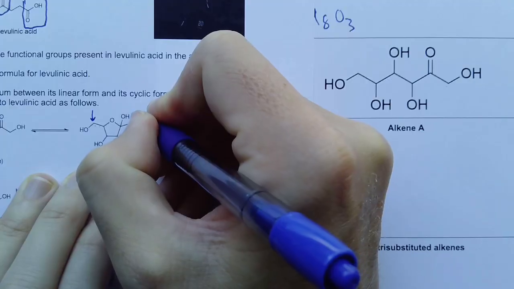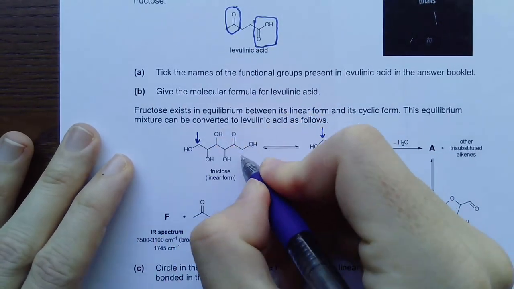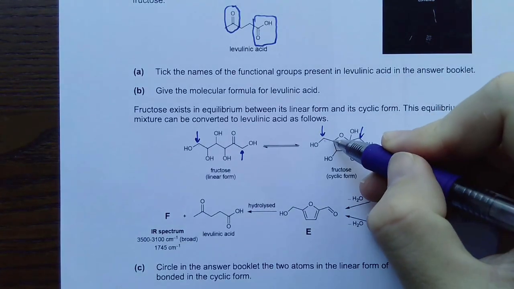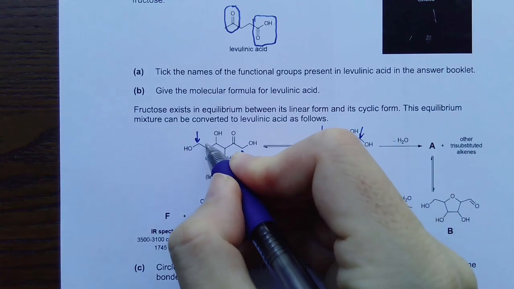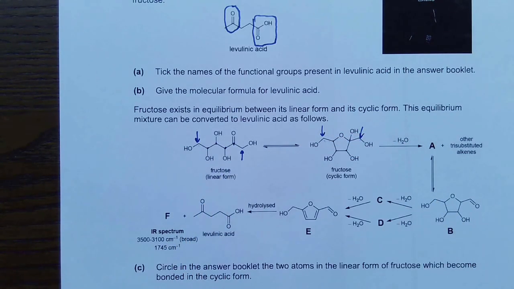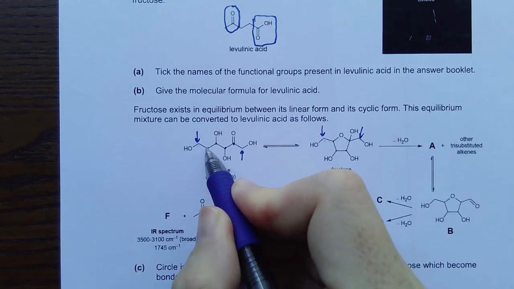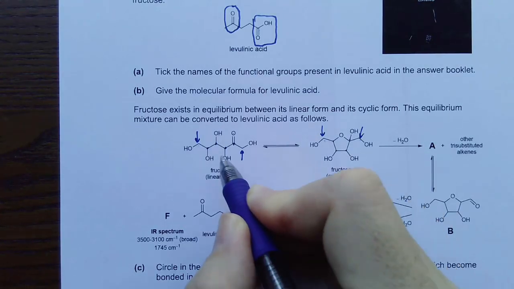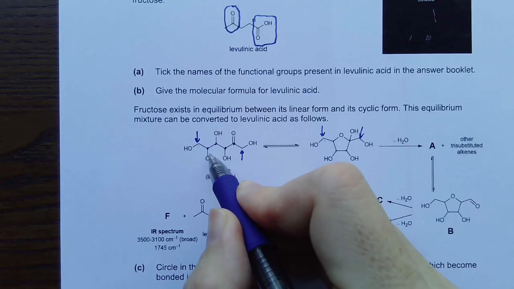That carbon there and that carbon there are going to have to be that carbon and that carbon, which means that my ring of 1, 2, 3, 4 carbons is going to be 1, 2, 3, 4, and then the oxygen. Now you might want to count and go 1, 2, 3, 4, 5. That's obviously not going to work, right? It's going to have to be 1, 2, 3, 4, and then this one here.